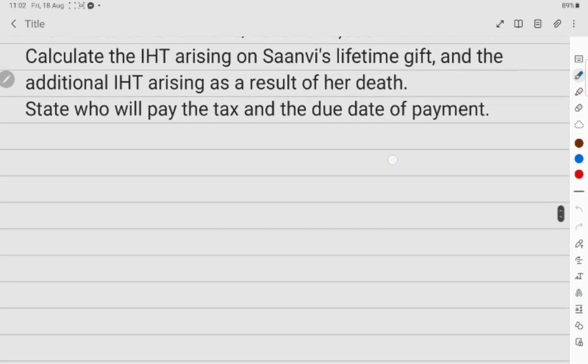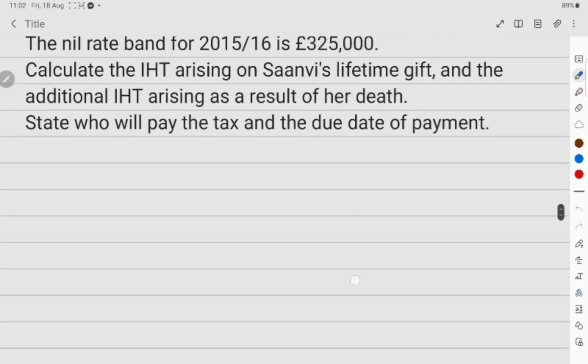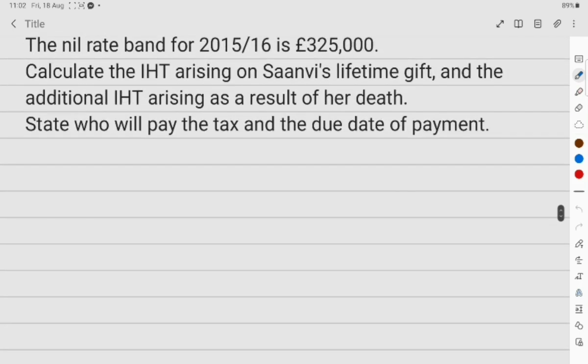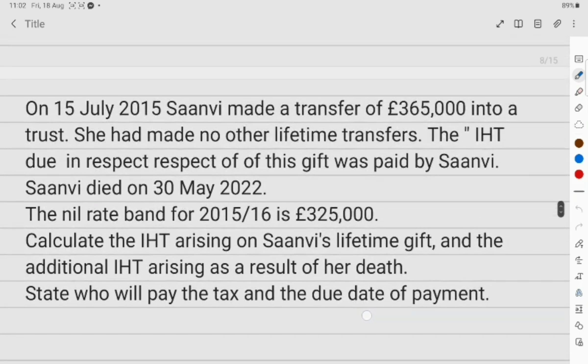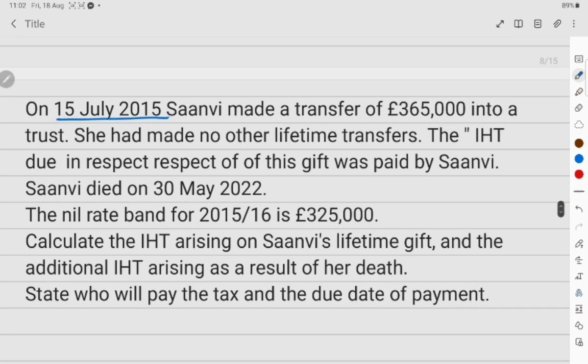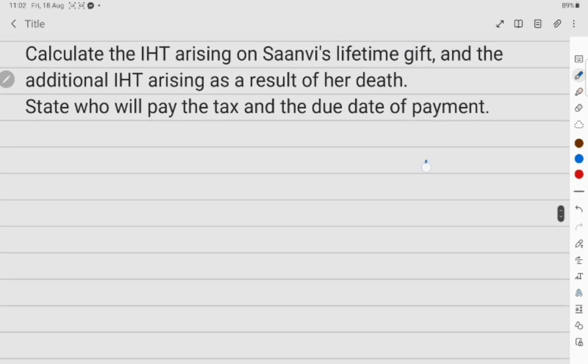So first we have to start the calculation in accordance with the format. First, the date of gift is given as 15 July 2015. So it means the tax year is 2015-16.